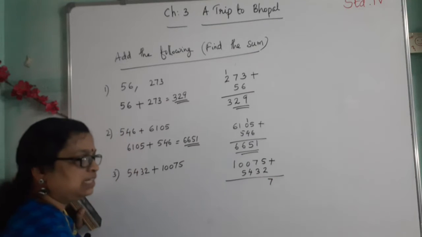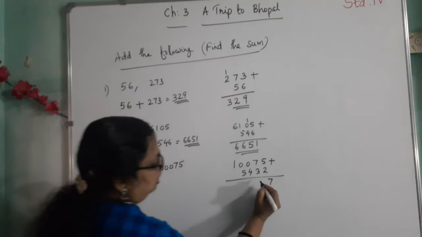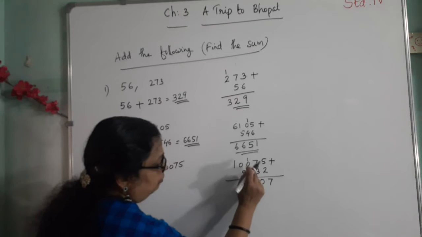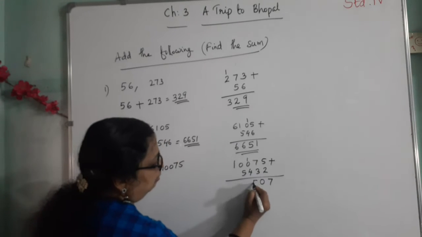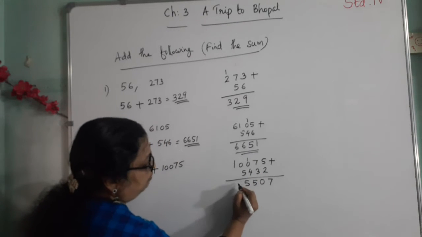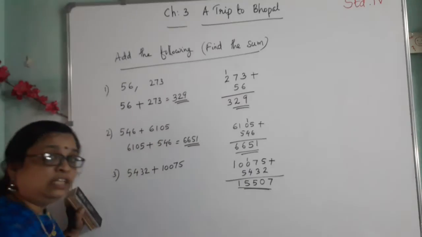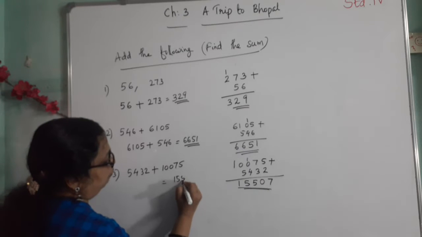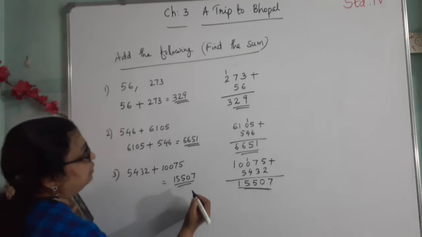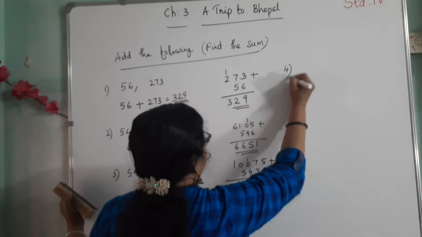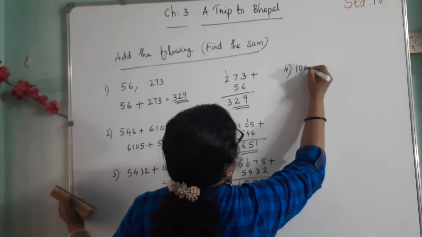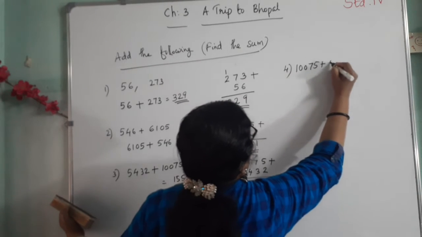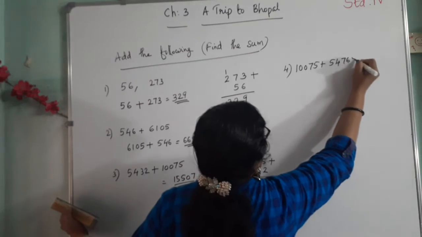Then 7 plus 3, 7 after 8, 9, 10. 0 here, 1 carrying. Then 4 plus 0, 4 plus 1, 5. 5 plus 0 is 5, and 1. A number added to 0, we get the same number. So the answer is 15507.